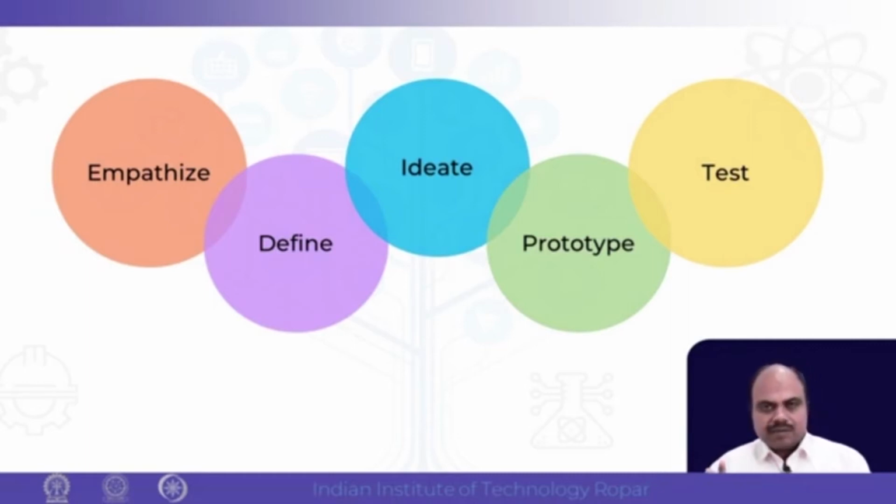There are different kinds of user. Whatever kinds of user we have, the way of understanding the user in depth, trying to find out the pain points, trying to find out how their lifestyle is, all these things come under empathy or empathize.